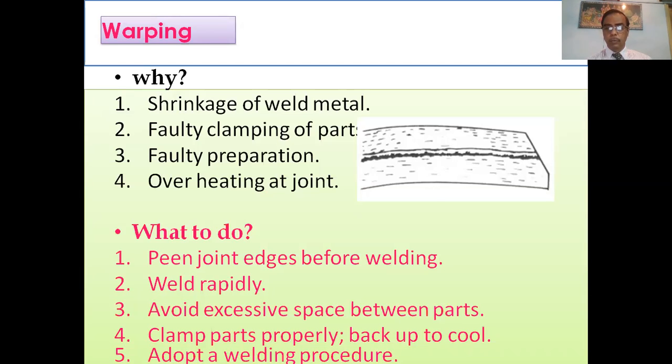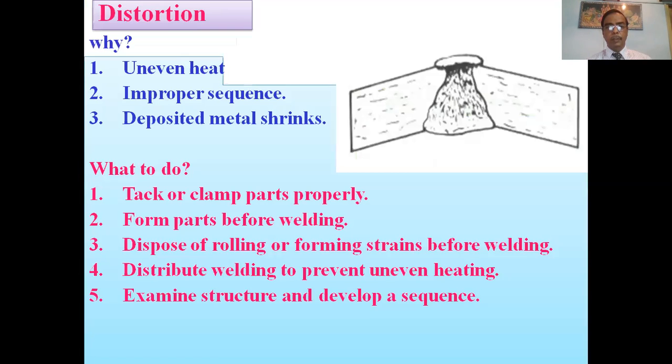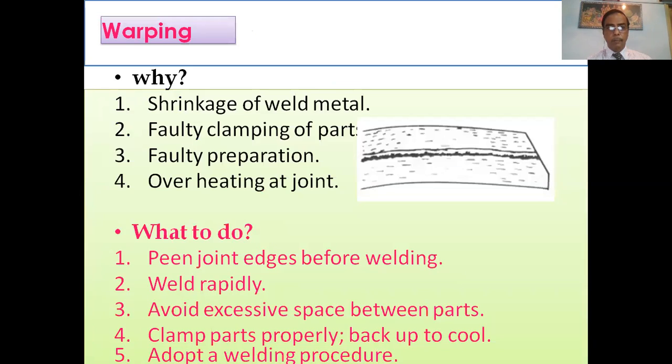Back up the tools. Adopt a welding procedure. The fixture must be correctly fitted. The welding fixture must be correct so that there is no warp and no shrinkage. Shrinkage of metal is also very important, and we have to consider that.